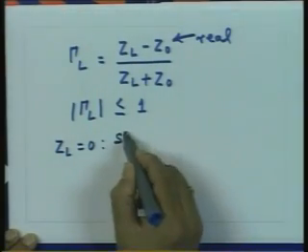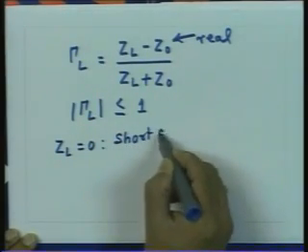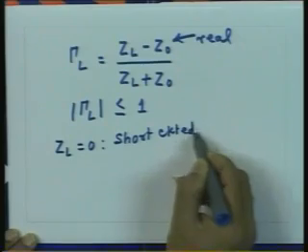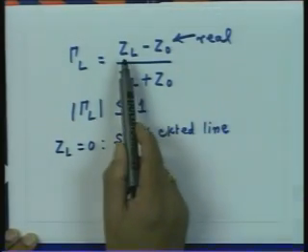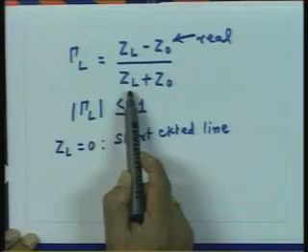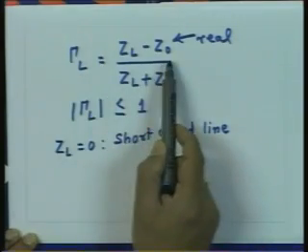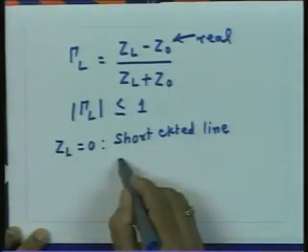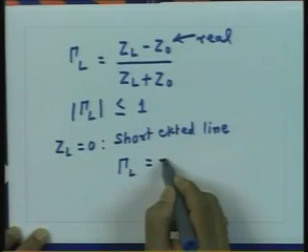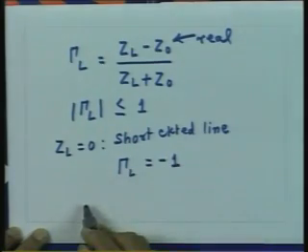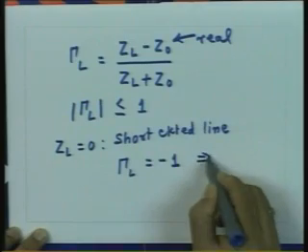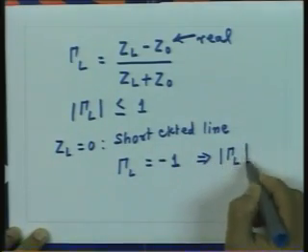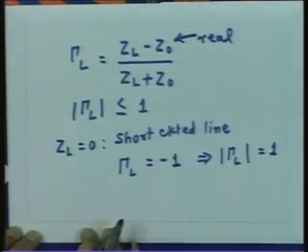So, this is the condition for a short circuited line. I substitute ZL equal to 0 here, and here. So, I get gamma L is equal to minus 1, or mod gamma L is equal to 1. That is case 1.